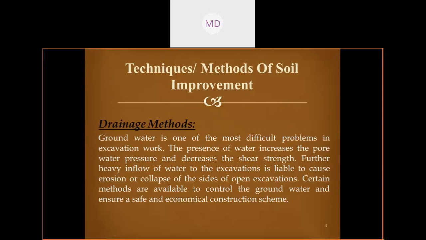After doing some excavation, the groundwater will rise. It will come up, and as a result, the side walls of the excavated portion will collapse. That is what is written here. So for this we need to apply some drainage method to remove the groundwater.